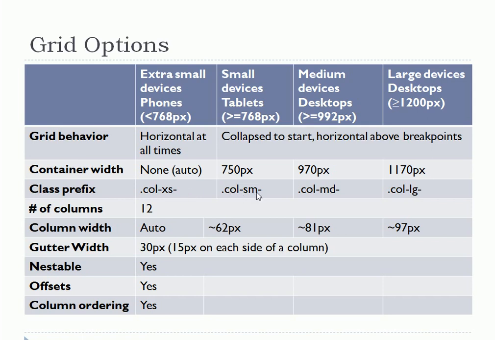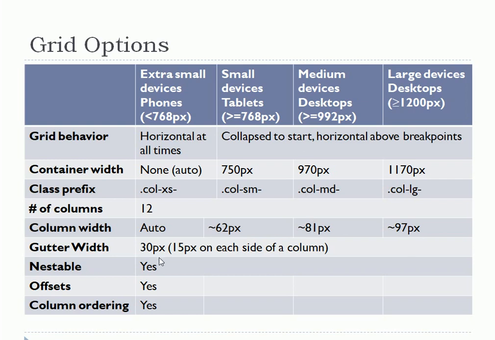For small devices it is col-sm-, for medium devices it is col-md-, and for large devices it is col-lg-. For column width, extra small devices take the column widths automatically. For small devices it is approximately 62 pixels, not exactly, for medium it is 81, and for large it is 97.